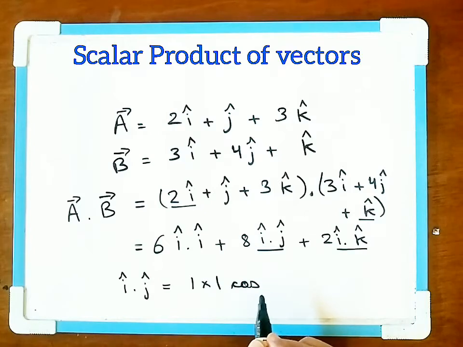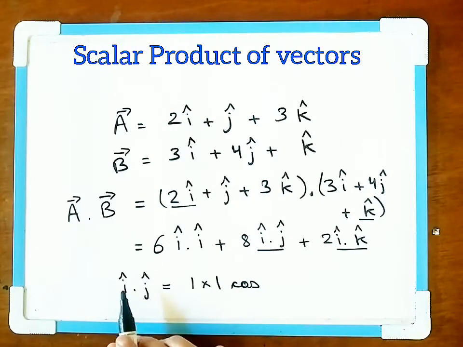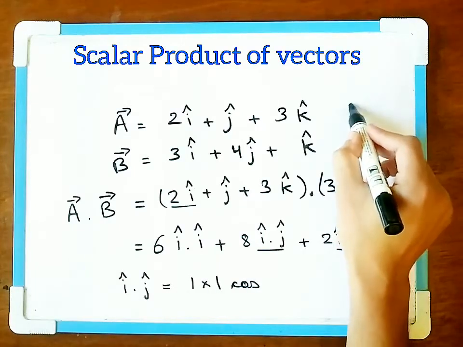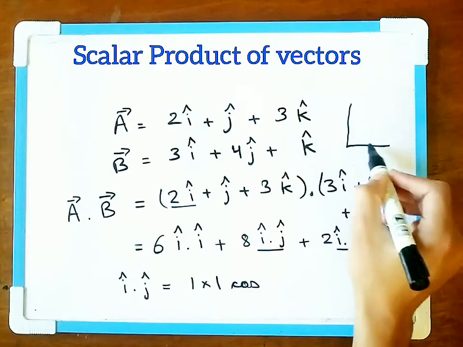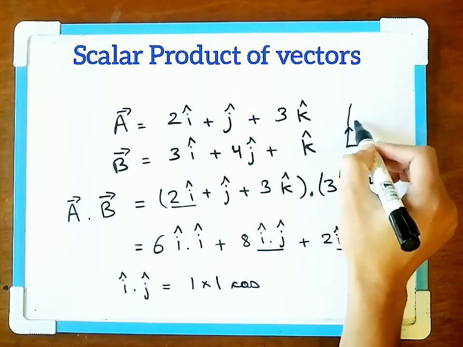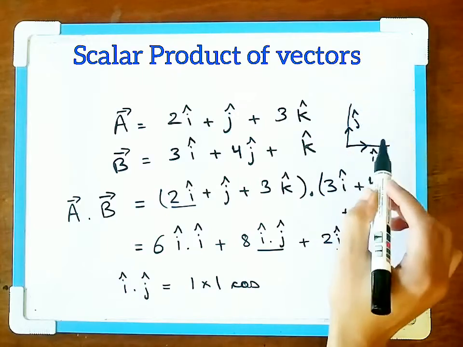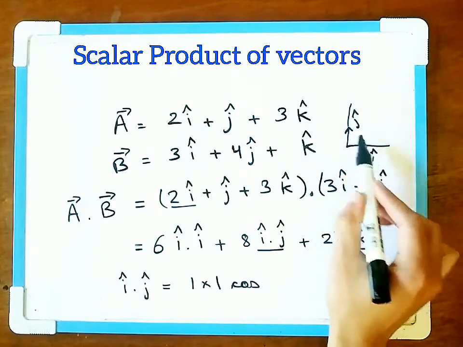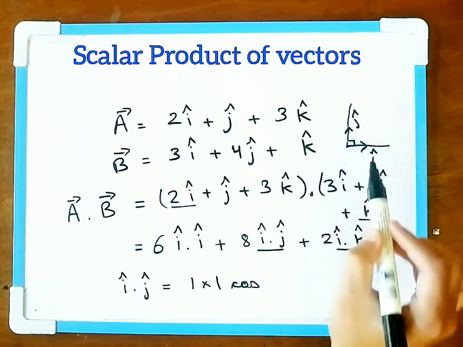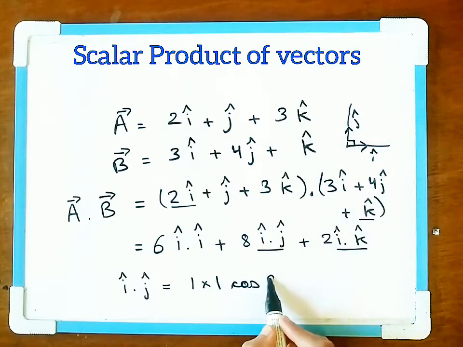Now what is the angle between i and j? Since i is along the x-axis, j is along the y-axis, I'll draw it here. So this is your i cap and this is your j cap. The angle between i cap and j cap is 90, so you have cos of 90 degree, and cos of 90 degree is equal to 0.